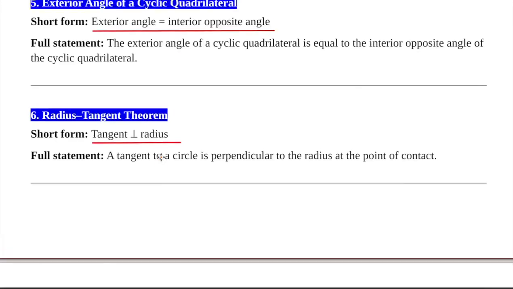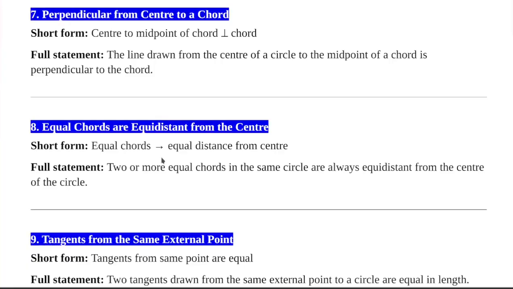Next, theorem number 7, perpendicular from center to a chord. The line drawn from the center of a circle to the midpoint of a chord is always perpendicular to the chord.